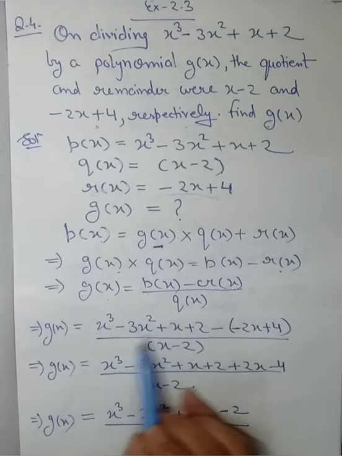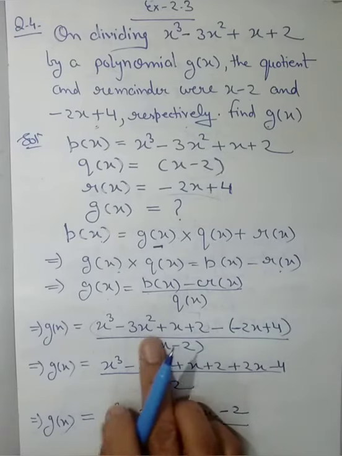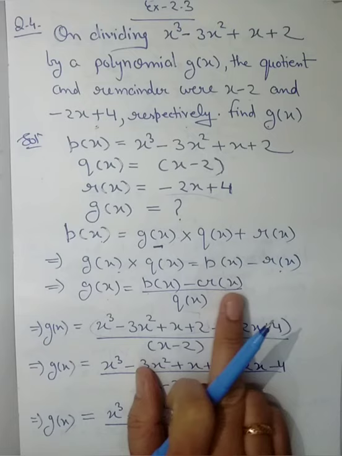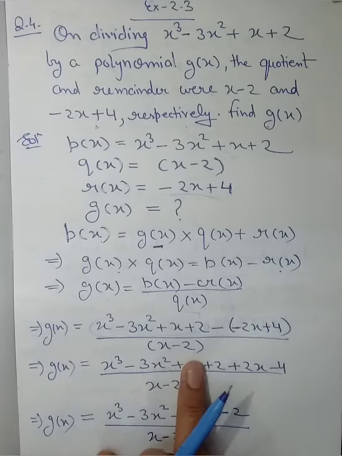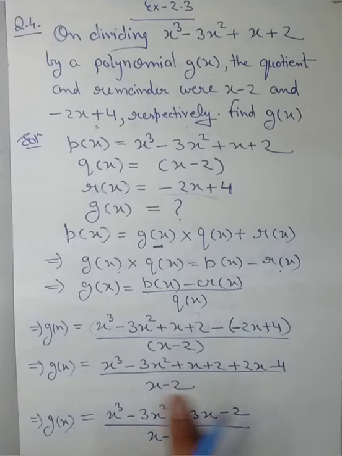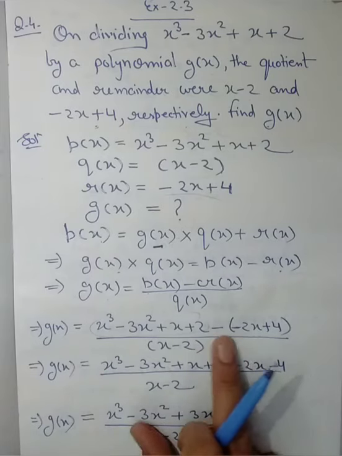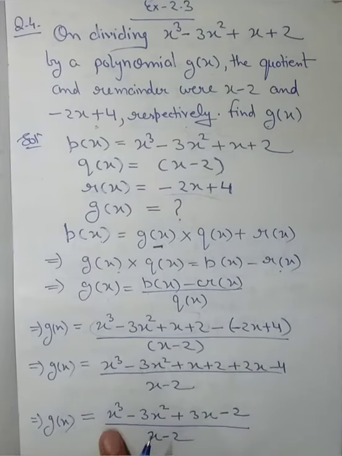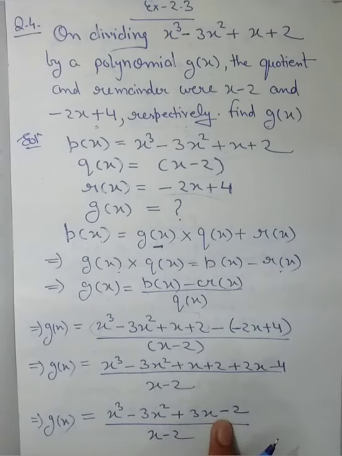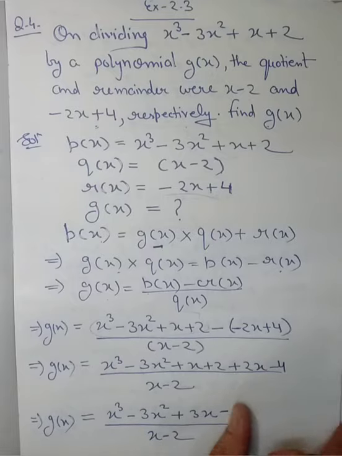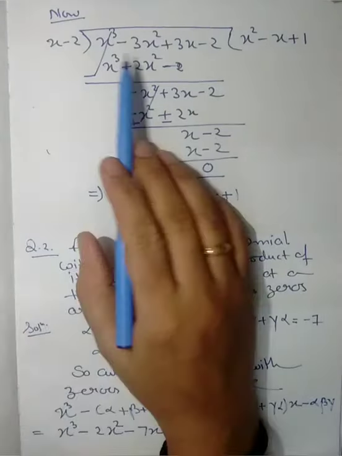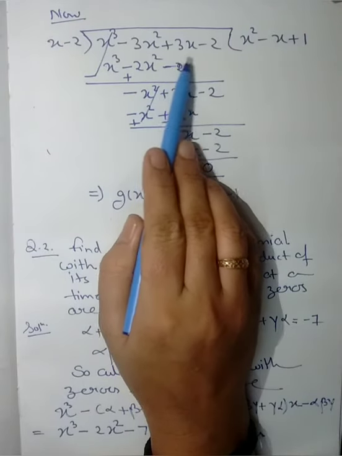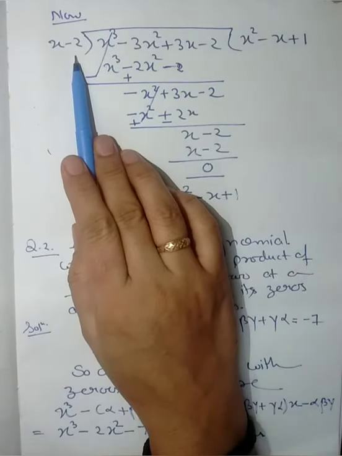Transposing this side, g(x) is equal to p(x) minus r(x) upon q(x). Put the value of p(x), x cube minus 3x square plus x plus 2, the value of r(x), minus 2x plus 4, and q(x), that is x minus 2. If we solve this, after opening the bracket, we get x cube minus 3x square plus 3x minus 2 upon x minus 2. To get the value of g(x), we'll divide x cube minus 3x square plus 3x minus 2 by x minus 2.